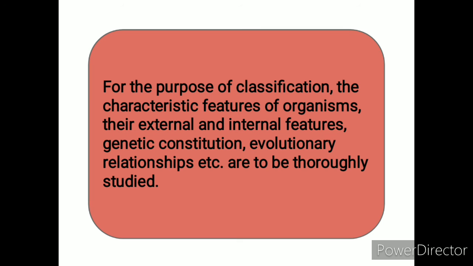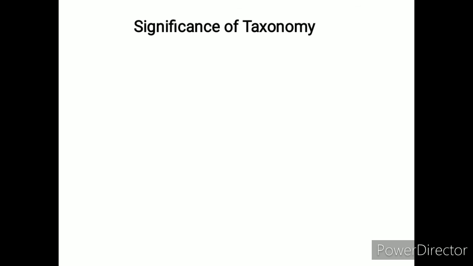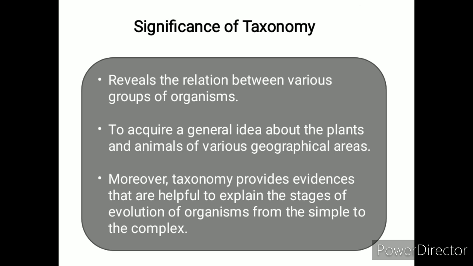Then the significance of taxonomy. It helps to reveal the relation between various groups of organisms, to acquire a general idea about the plants and animals in various geographical areas, and also to explain the stages of evolution of organisms from simple to complex. Now there is an enrichment activity for you.